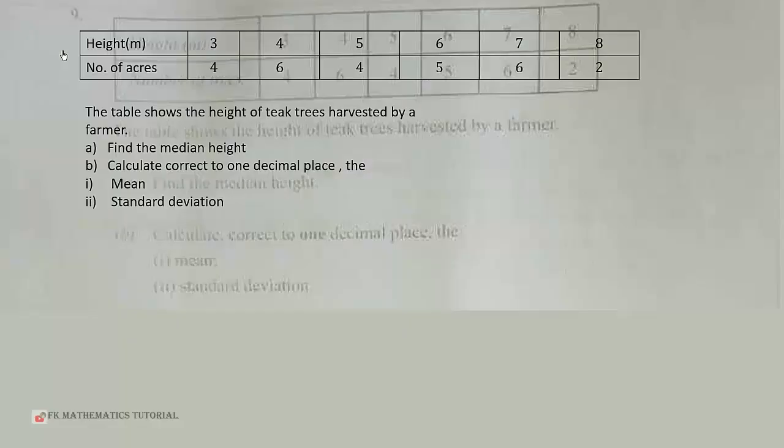Now, here's question number 9. The table shows the height of trees harvested by a farmer. We have to find the median height. So we know median is equal to the half of summation of the frequency plus one value, because in this case the total frequency is odd.